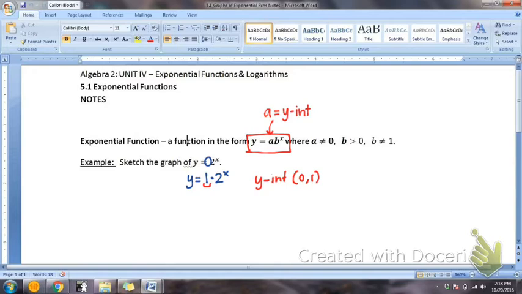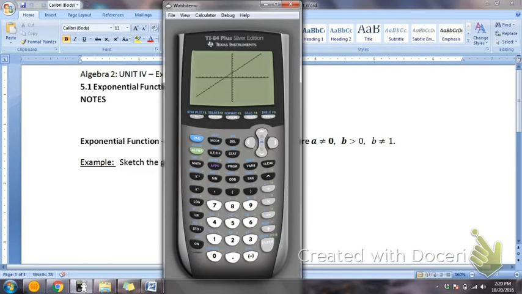We're going to use a table of values to tell us what this graph should look like. So what I'd like you to do over here to the left is create an x and y table, and then we're going to use our calculator to help us. So grab your calculator. Go to your y equals, clear that out.